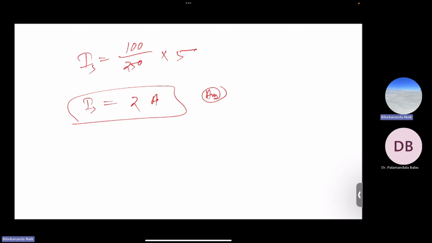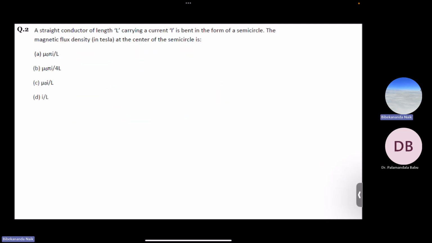Okay, now we'll move to question number 2. Question number 2 says a straight conductor of length L carrying a current I is bent in the form of a semicircle.